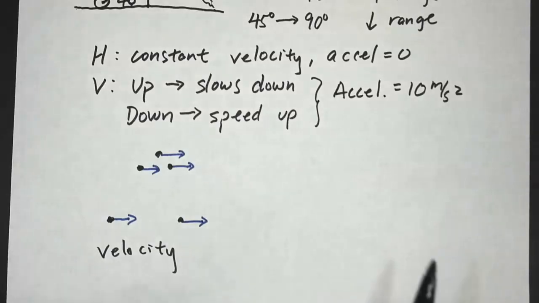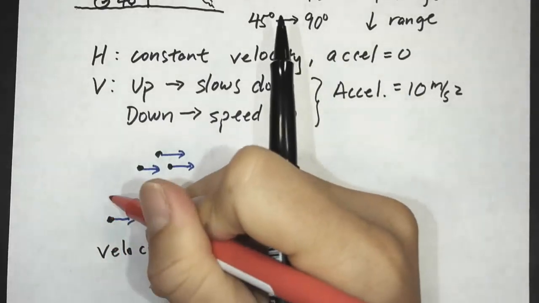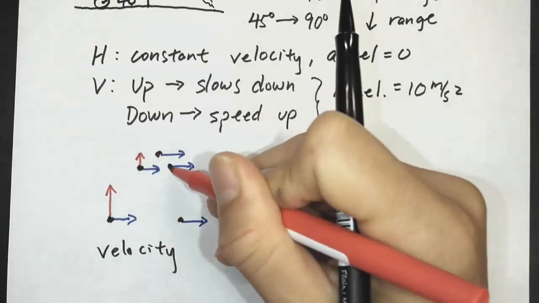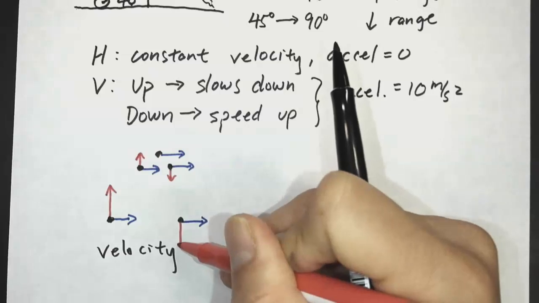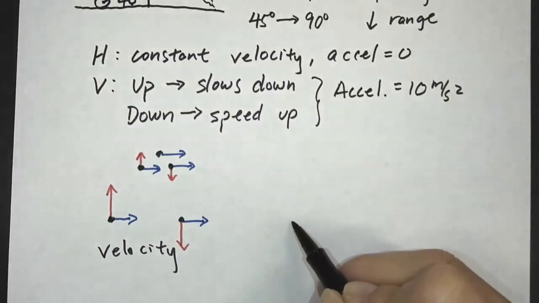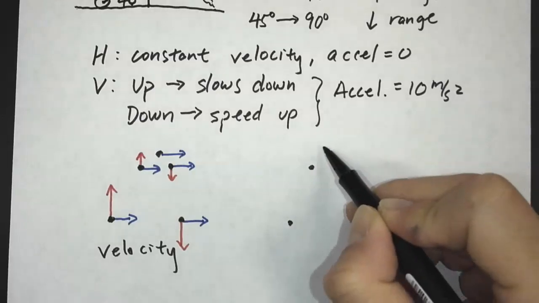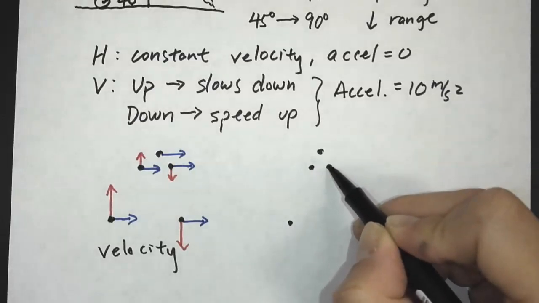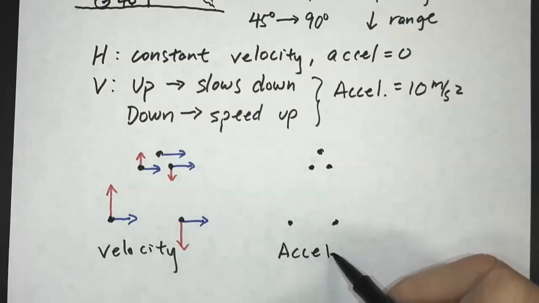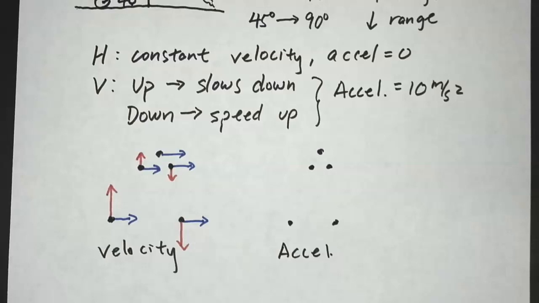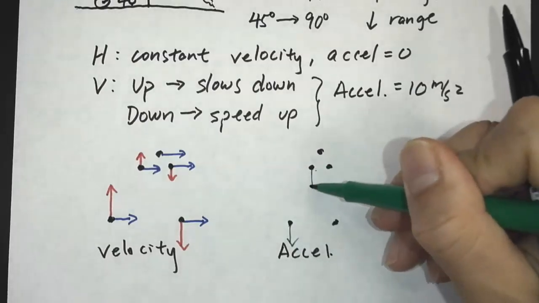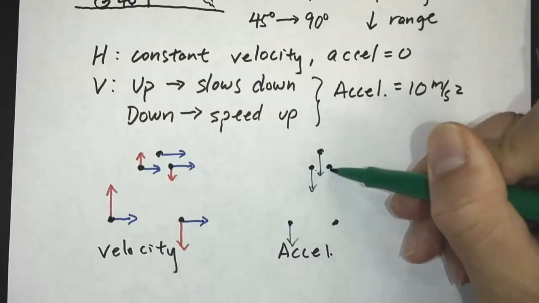But vertically, its velocity is changing. On its way up, it's decreasing velocity, and on its way down, it's increasing velocity. Now, what about acceleration? Let's do a motion map for acceleration. For acceleration, it's always pointed down, and it's constant acceleration.